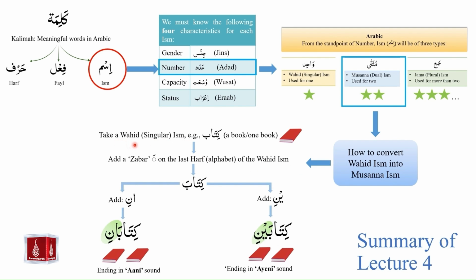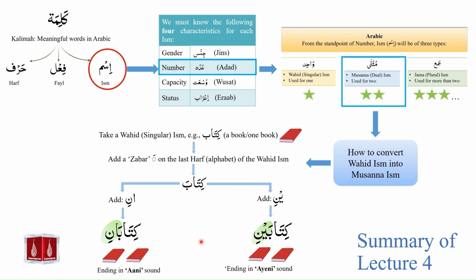The first step is that we take the singular ism, for example, kitab, and we add a zabar to the last harf. After adding zabar to the last harf, then we either add alif noon zair or ya noon zair to complete the word. So kitab becomes either kitabani or kitab becomes kitabaini.